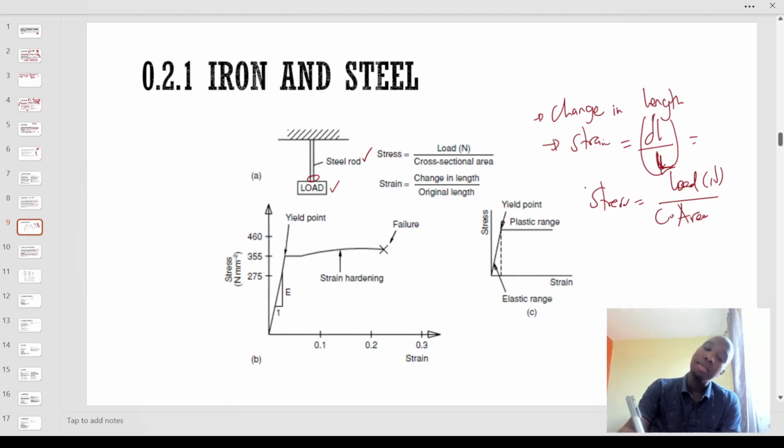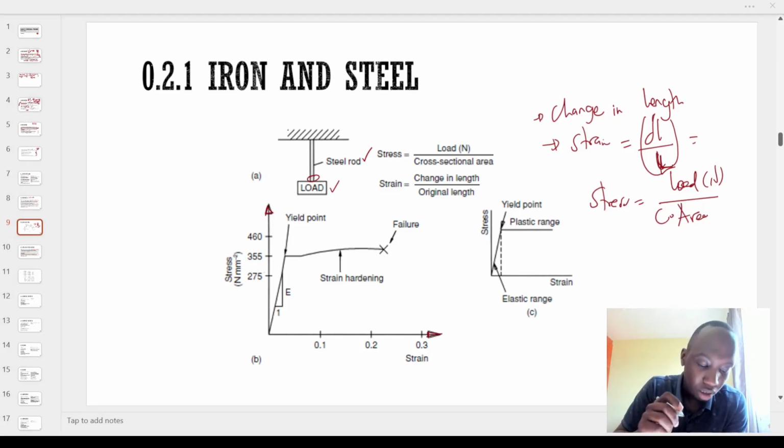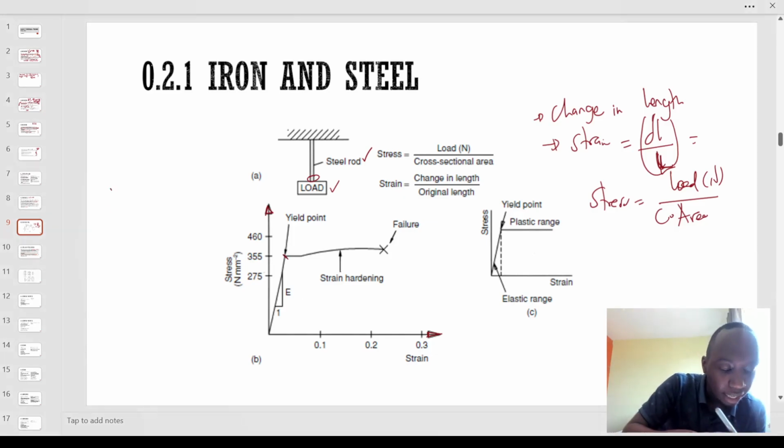When a stress-strain curve is plotted as shown below, you'll realize that steel will respond in this manner. It will first of all increase linearly up to a certain point called the yield point.